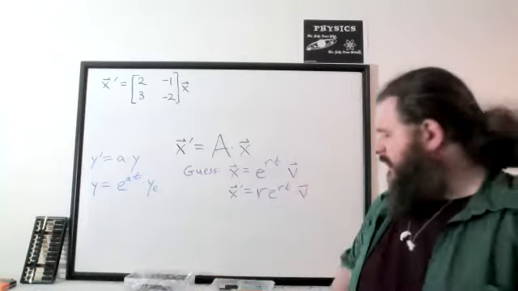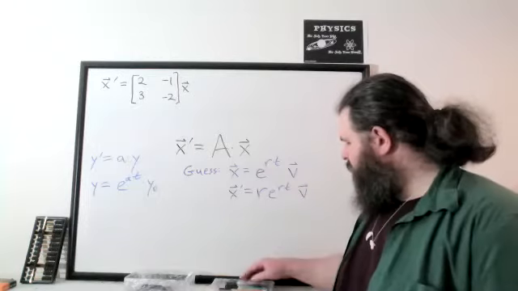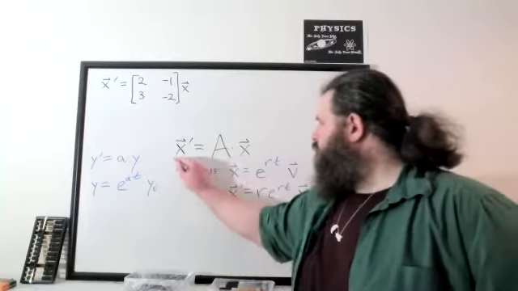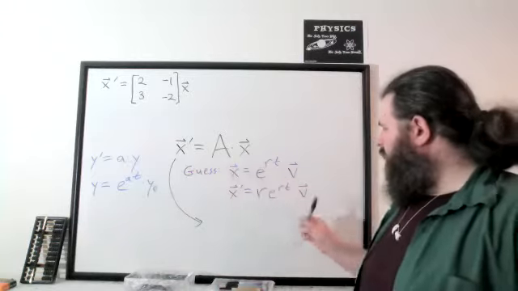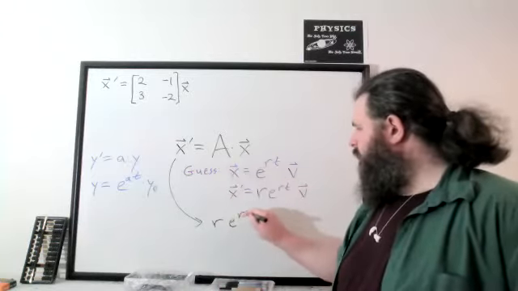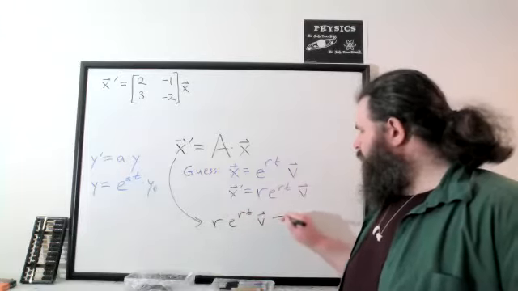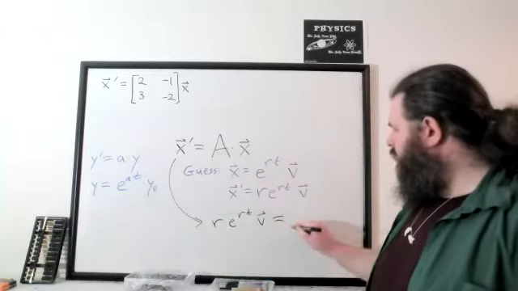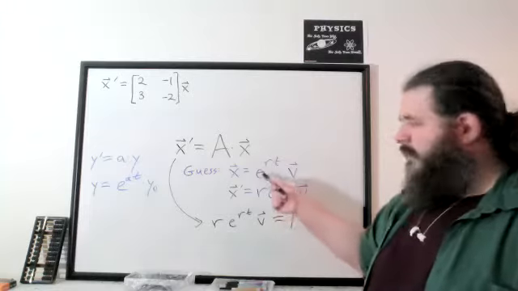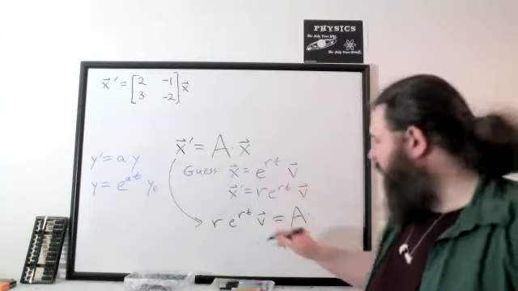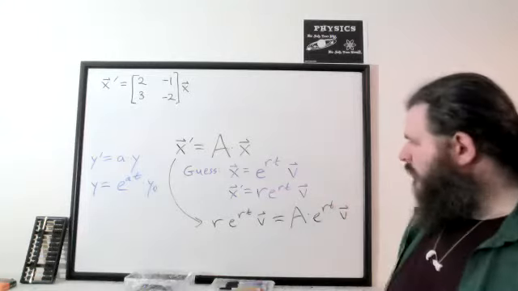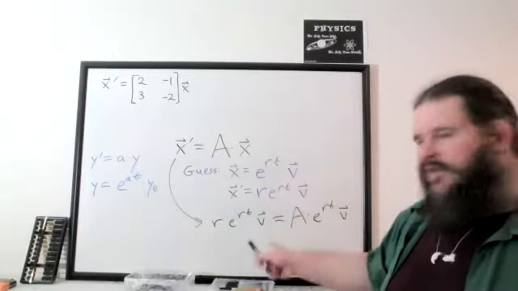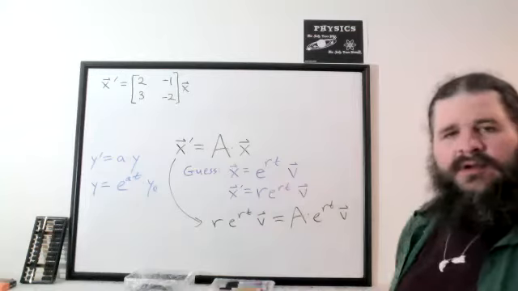Now, if we plug all that in, let's see what we get. x prime is r e to the rt times v. That has to equal A, the coefficient matrix, times our guess, e to the rt times v. So that means this guess works as long as this equation is true.